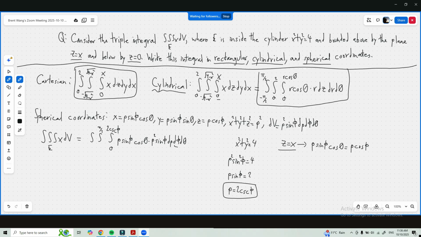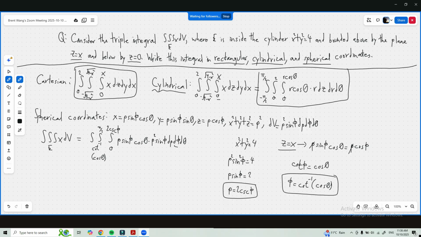So divide both sides by rho sine phi. Assuming rho is not 0, we get cotangent phi is equal to cos theta. And phi is equal to cotangent inverse of cos theta. This is our lower bound, the plane z equals x. I'm running out of space, so I'm going to write cotangent inverse of cos theta.